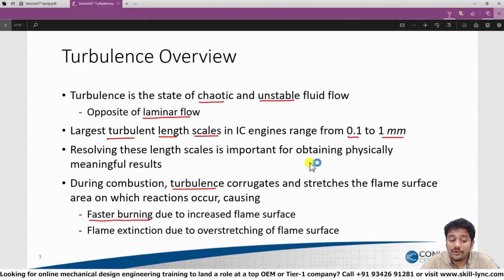And sometimes you also get flame extinction, which occurs because of overstretching of the flame surface. Now, these are physical phenomena that actually happen when turbulence exists. And if your CFD code is not able to capture these effects, then you're predicting your burning process incorrectly, which means your performance data and your emissions data might be completely off.